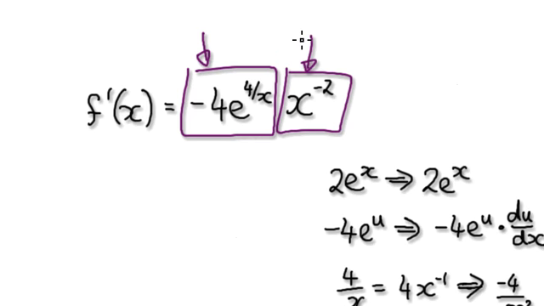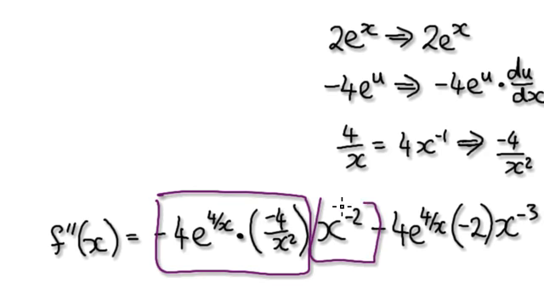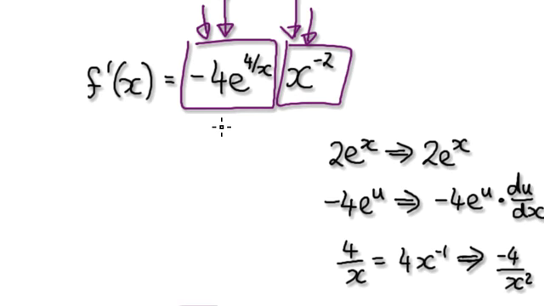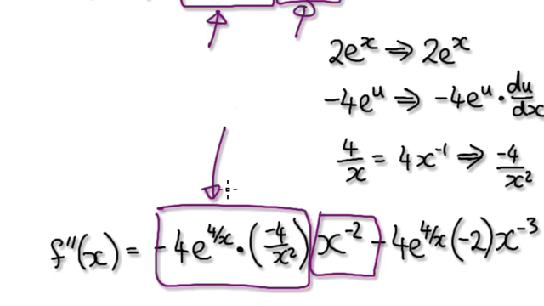So when you differentiate this, and then leave this the same, that's done. That's the first part of the product rule.